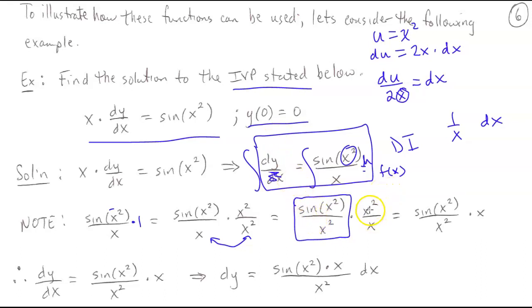And of course, x squared divided by x is just x, okay? And so now we have this extra x that's here, which is kind of what we saw up here that we needed, okay?